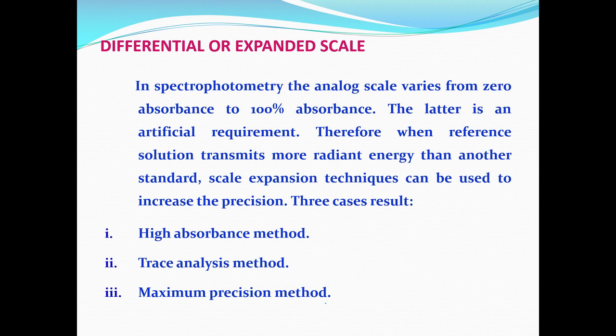I had stopped here in the last class. There are 3 ways of dealing with this. One is high absorbance method, another is trace analysis method, and third is maximum precision method. So, let us see what it entails.